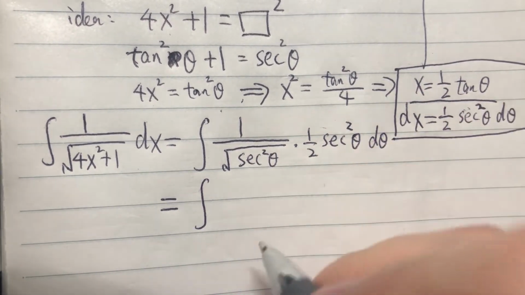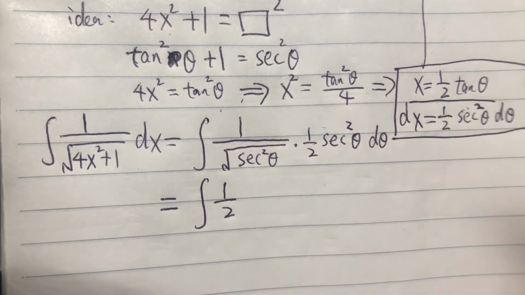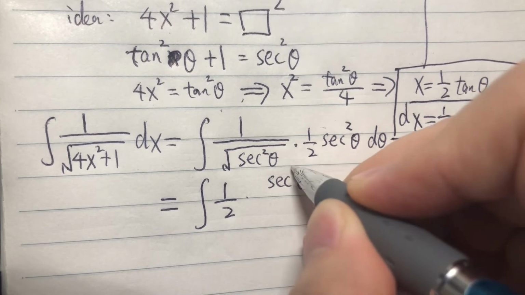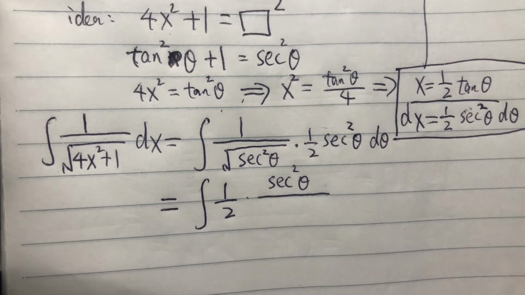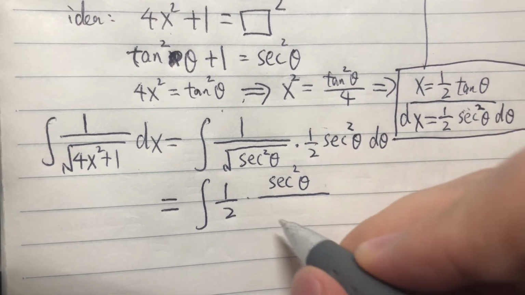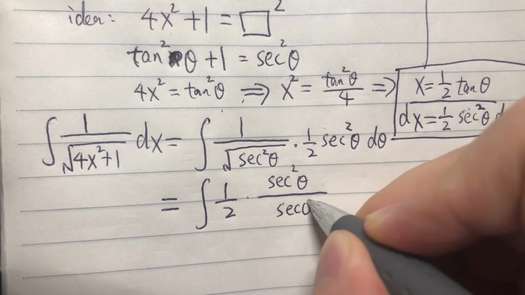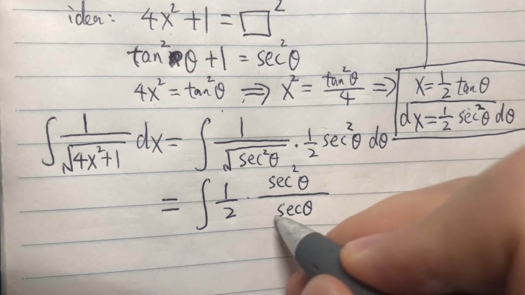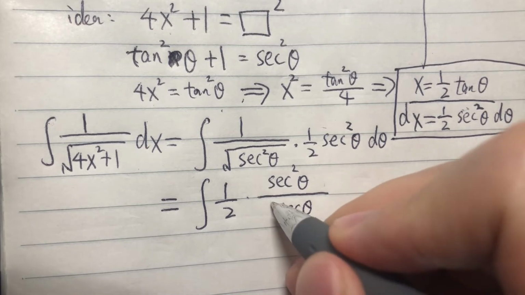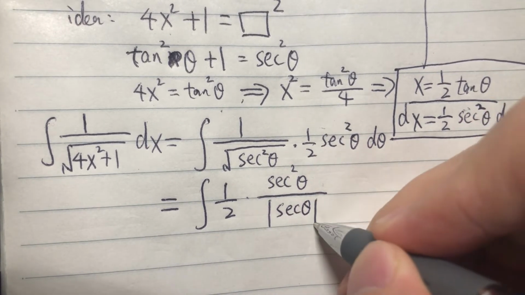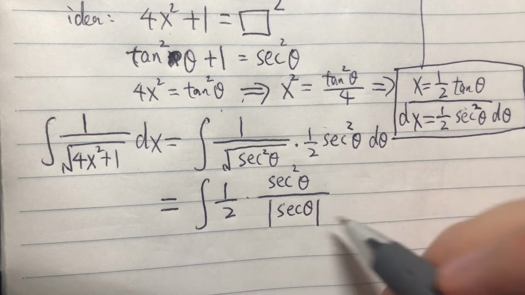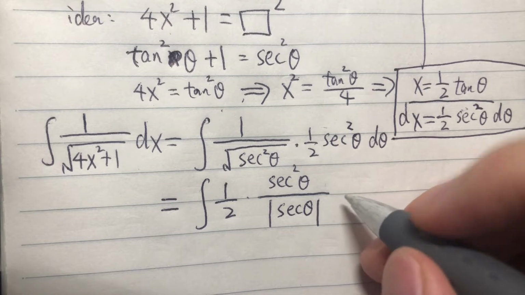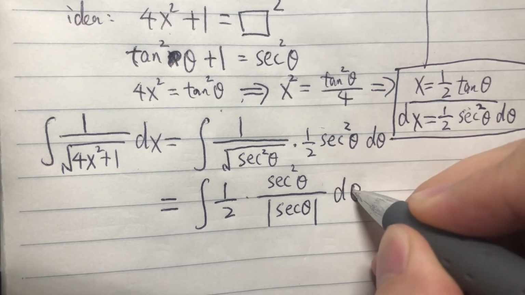By taking this, we can move the constant here, and the numerator is secant theta squared, and the denominator is not only secant theta. It is best to write absolute value here, because when taking out the square, we have to make sure this one is positive, d theta.